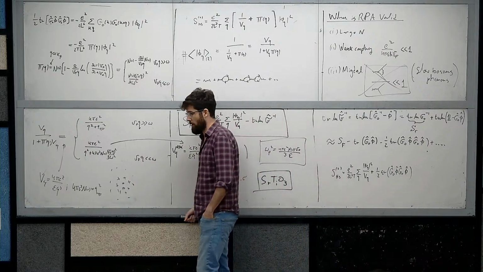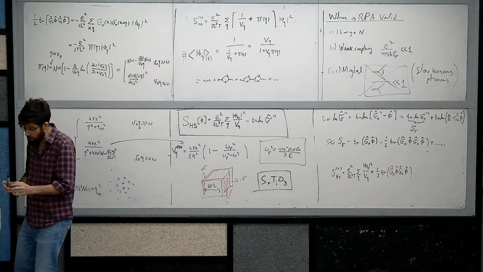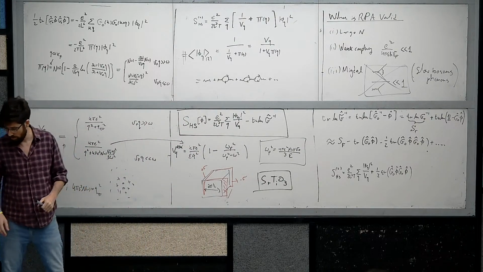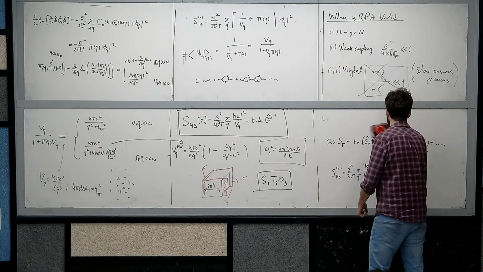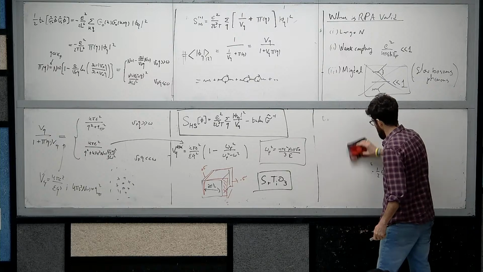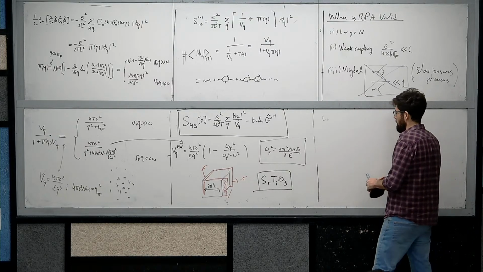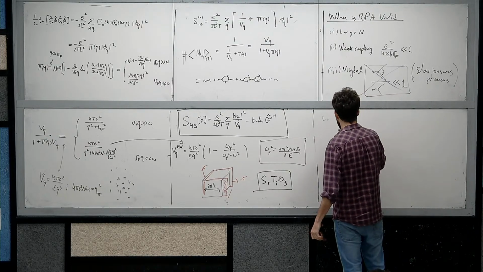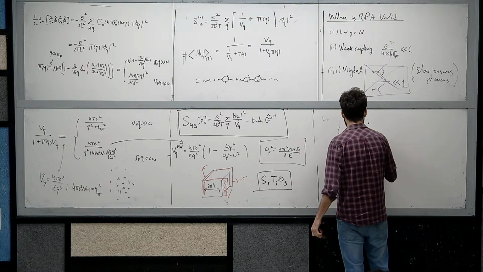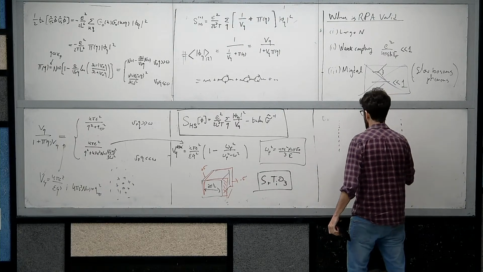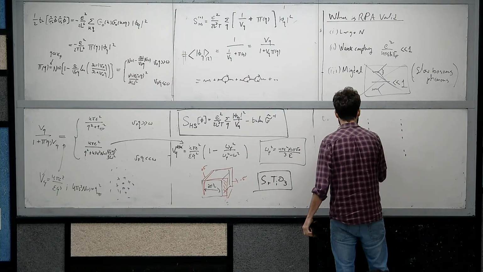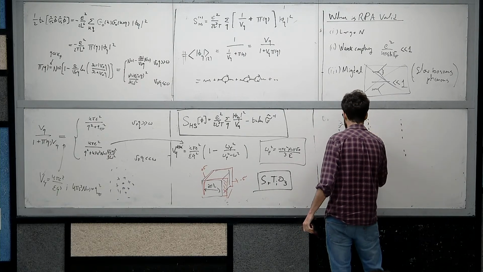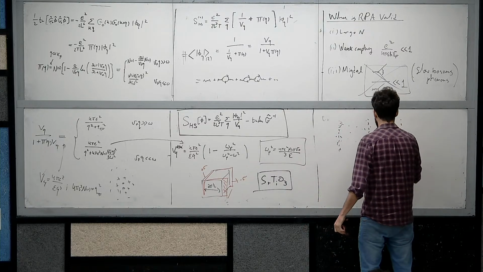Yeah. And if you want to think about it at finite q, you can imagine these modes are density modes. They're longitudinal modes. Imagine that you have many electrons, and then you have regions where they're more dense, and regions where they're more dilute, and regions where they're more dense, and regions where they're more dilute.